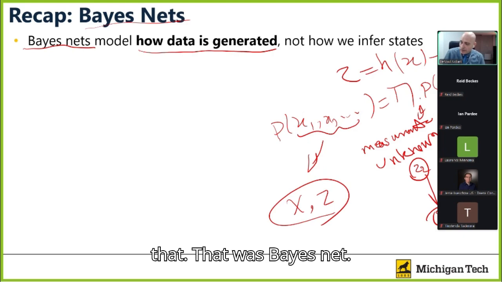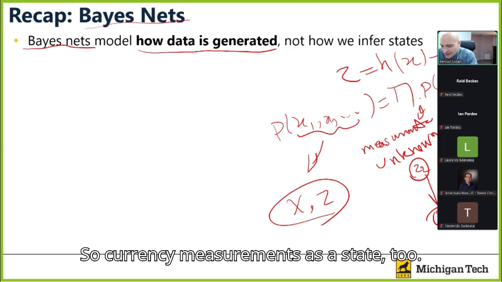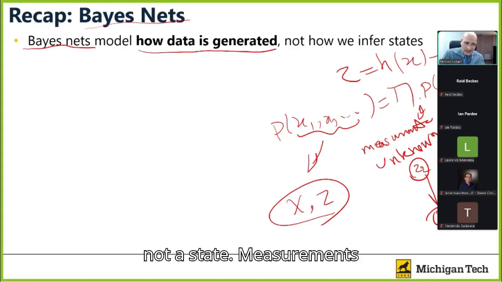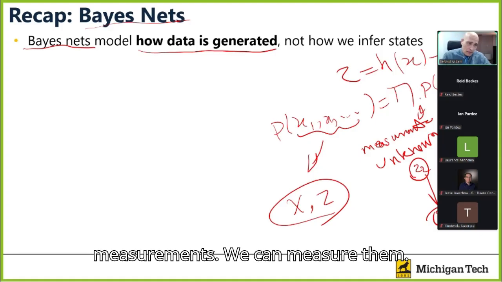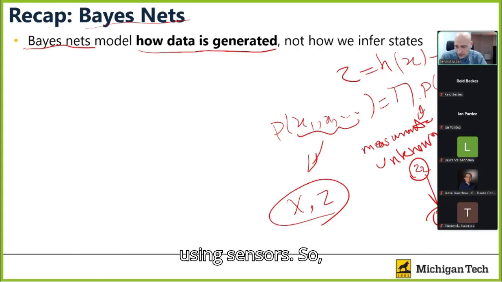That was Bayes net, so it considers measurements as a state too. But in so many problems, measurements are not a state. Measurements are known. We know about measurements. We can measure them. How? Using sensors. So that makes a little problem for Bayes net.